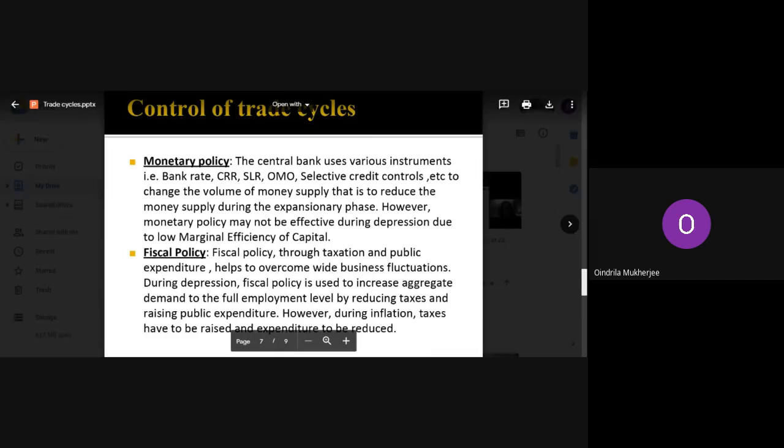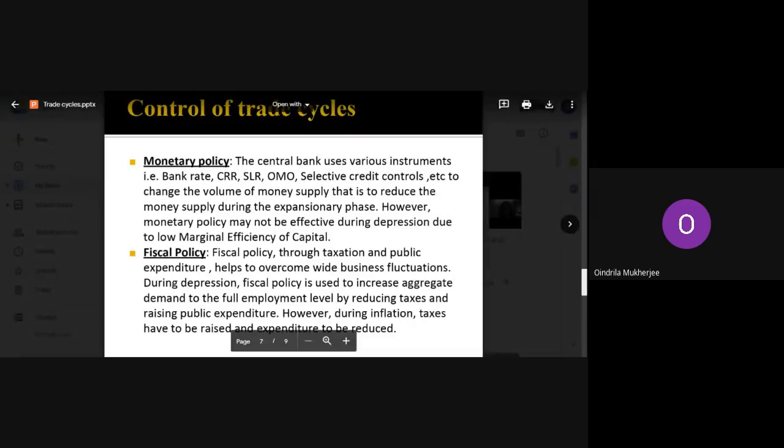Now, we all know that various instruments are used by the RBI, like the bank rate, CRR, SLR, OMO, repo and reverse repo rate. All these instruments are changed every now and then.